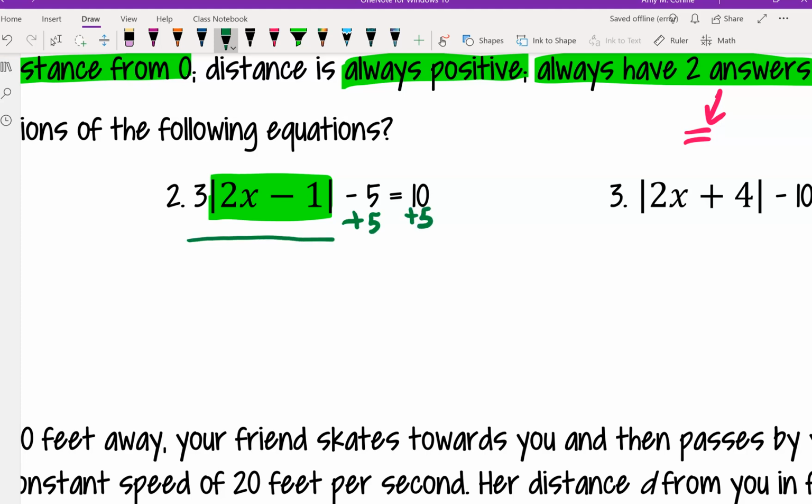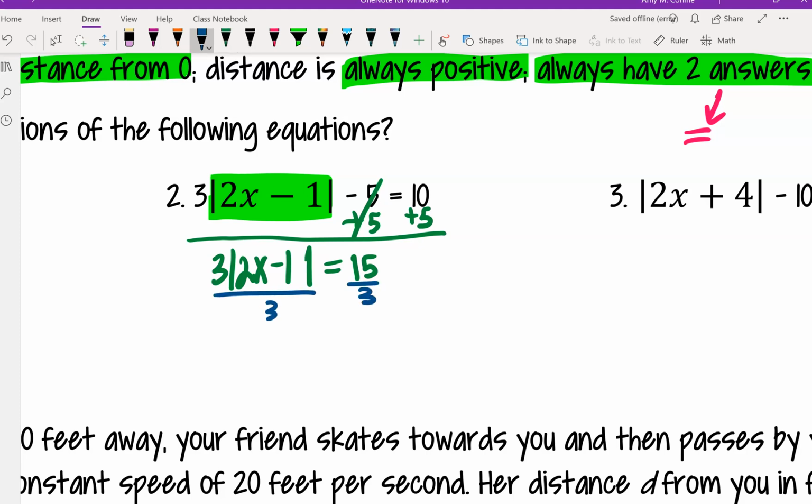I need to get the group by itself. I can't divide by 3 yet because I have that 5 there. These are inverses, bringing down my absolute value, adding, so I have 15. Now I can divide by 3. These cancel, and now you have the whole absolute value by itself, and it's equal to 5.